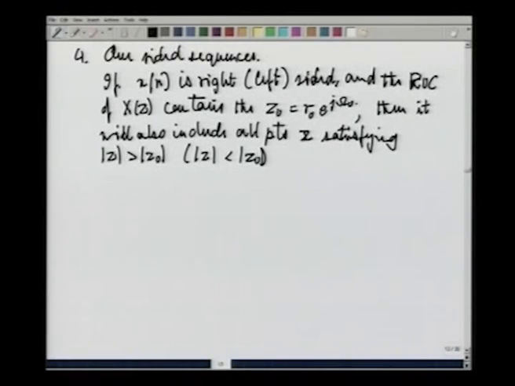If x[n] is right sided and the ROC of X(z) contains z naught, then it will also contain all points z satisfying mod z greater than mod z naught. The second statement would be, if x[n] is left sided and the ROC contains the point z naught, then it will also include all points z satisfying mod z less than mod z naught. So, these two statements are being made together.